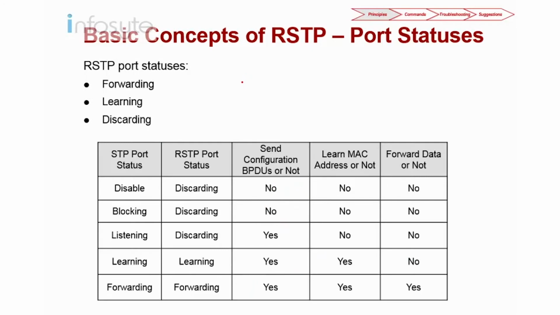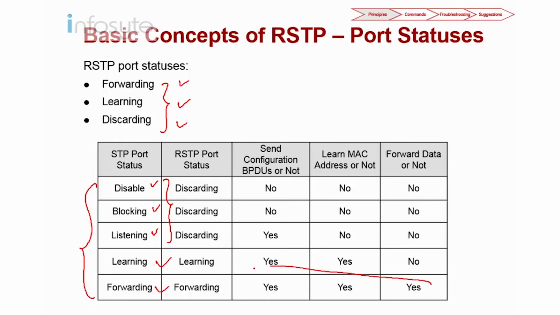Now the RSTP and STP difference is also in the port status. You notice that for the port status on RSTP, we only have 3 statuses, which are forwarding, learning, and discarding. On STP, we have disabled, blocking, and listening. Now they combine into one status called discarding. Learning is still available and forwarding is still available.